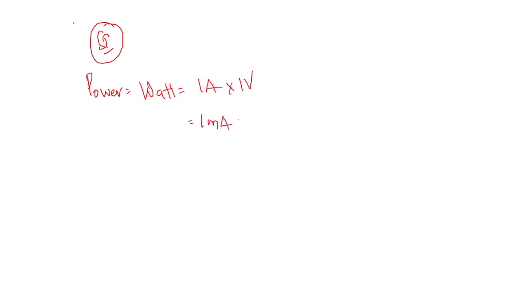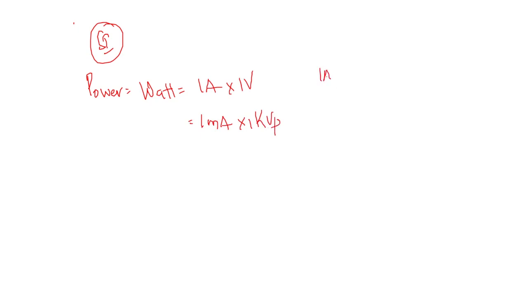Then we have one more system which is called as SI unit. In SI unit, power is defined as watt. Watt is equal to 1 ampere into 1 voltage, which is equal to 1 milliampere into 1 kilovoltage peak.